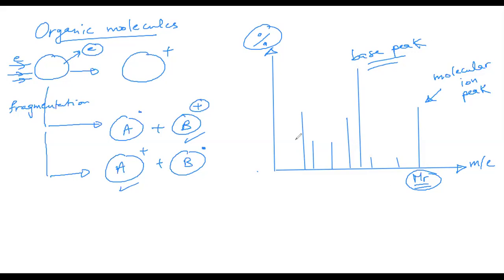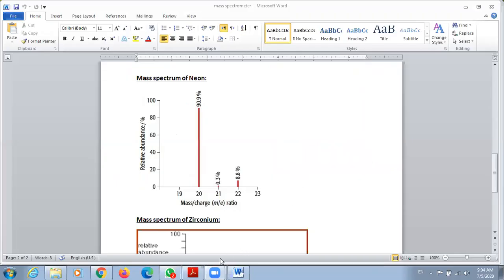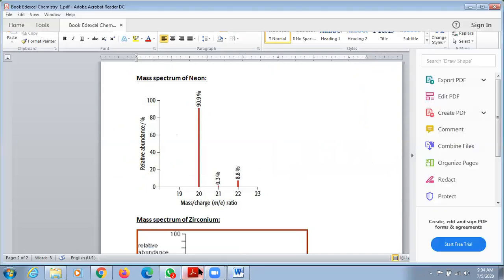Okay, Matthew, do you have any question? No. Okay. Wait, actually, if molecular ion peak. Can you raise your voice a little bit, Matthew?